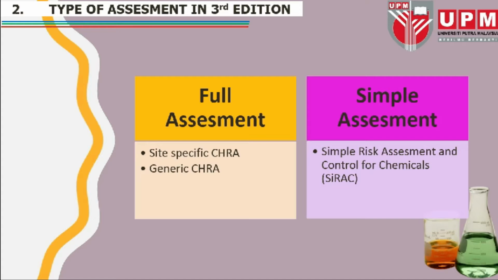Site specific is conducted for each and every workplace where CHTH are used. But generic assessment is done at a representative location, which may be applied to all other locations in which the work activities are similar, with comparable level of risk, and also similar control measure.